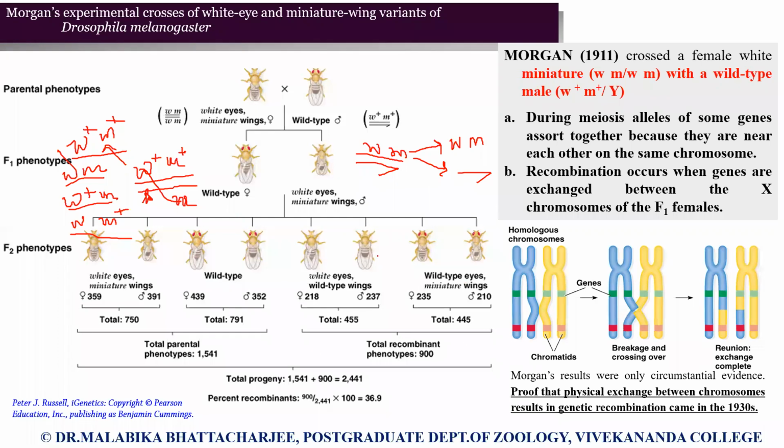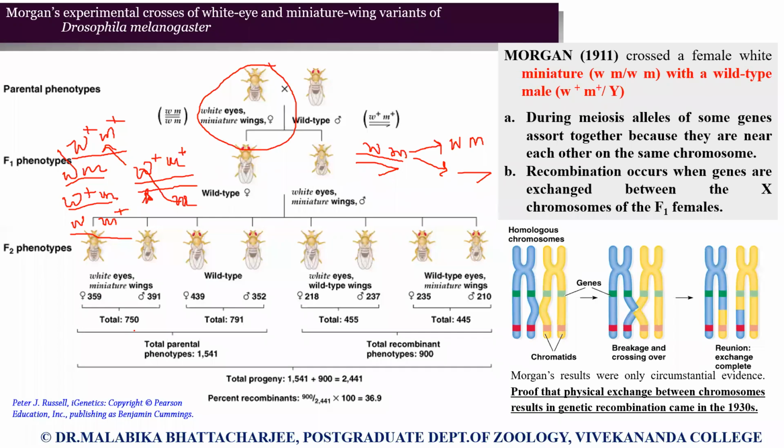Now, when in fact he did the experiment, as you can see, he divided it into male and female. So he observed 359 white eyes miniature wings. It is representing one of the parents, as you can see. So one parental.